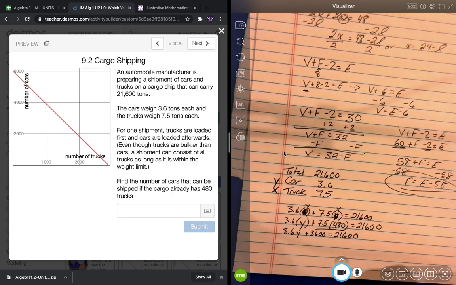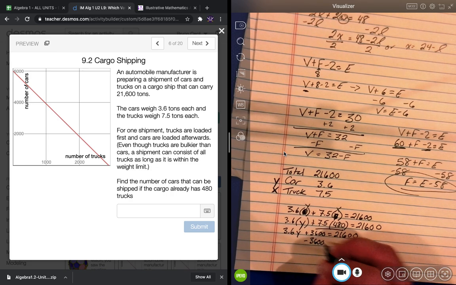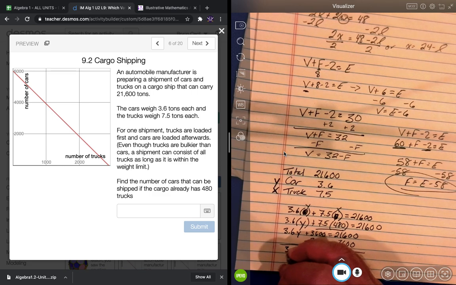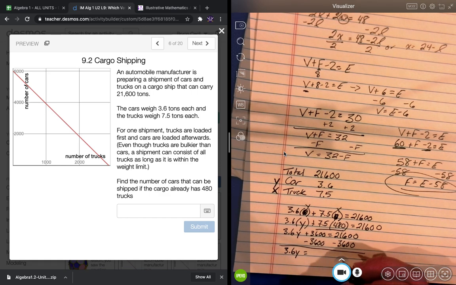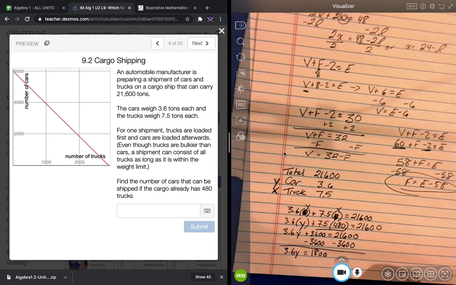Now your next step, you've got to move this over because, again, we're trying to isolate the variable. And I'm going to get 3.6y equals 1,800. All right.